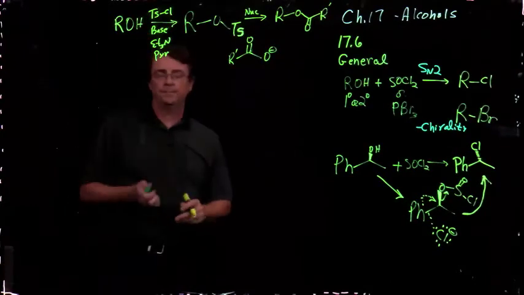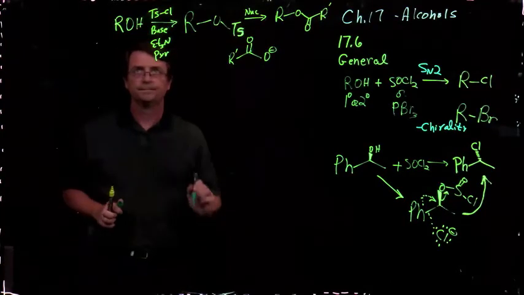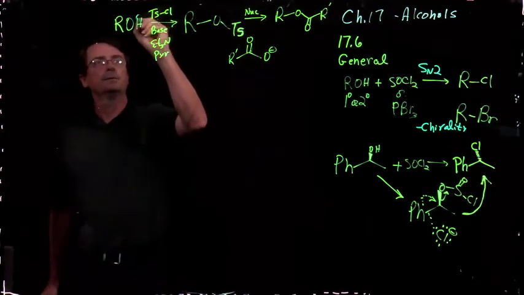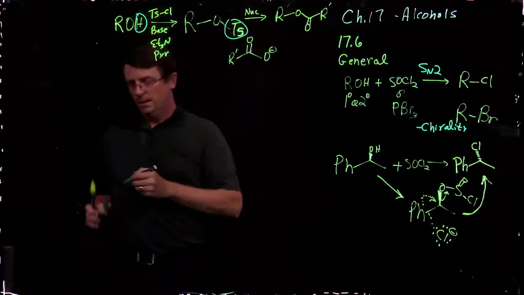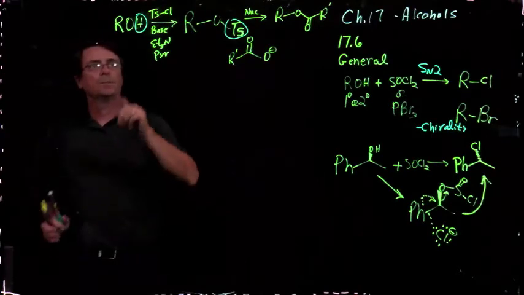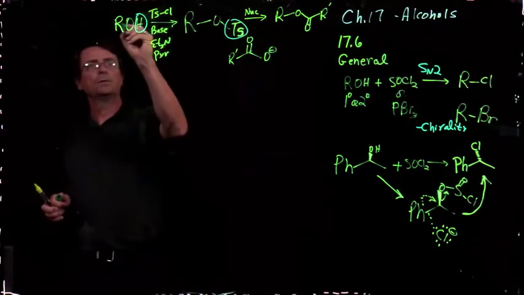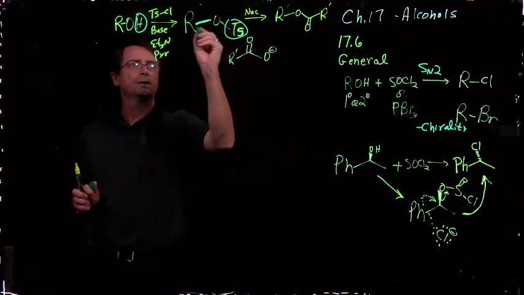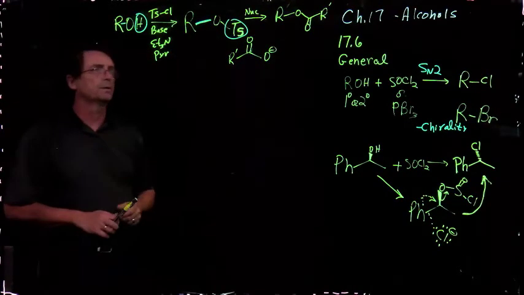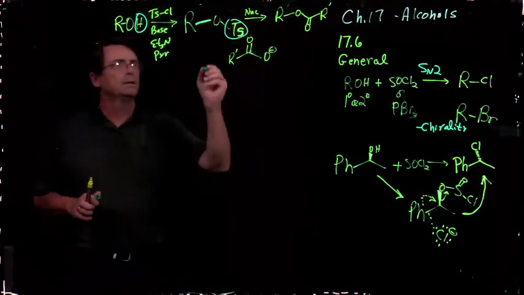This first step replaces the hydrogen with the tosylate group, and that converts a compound where the RO, or the carbon-oxygen bond, is not reactive or displaceable into something where it's a good leaving group.